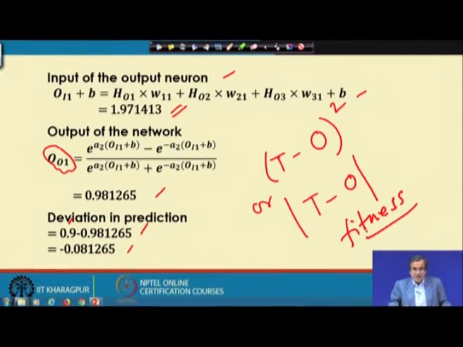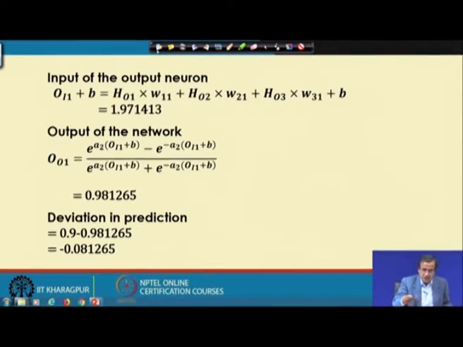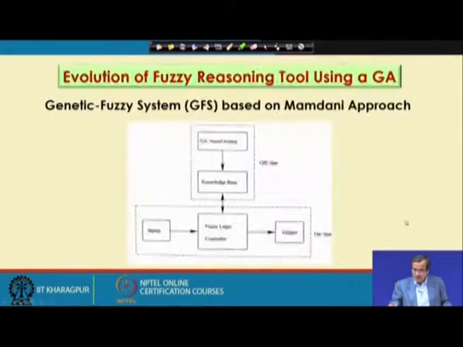Once you have the fitness of the GA string, the operators of the GA are going to operate, and through a large number of iterations it is going to evolve the most suitable and adaptive network, so that I can make the prediction both in the forward direction and, if required, in the backward direction also. This is the way we can evolve this network using the principle of the genetic algorithm.